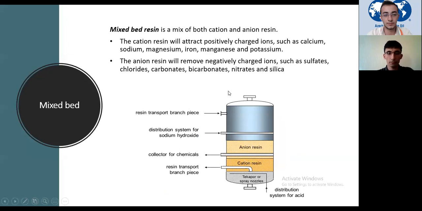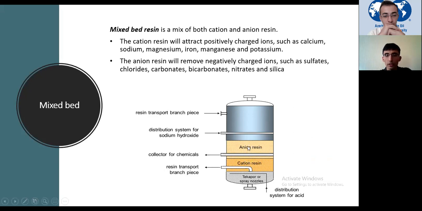Mixed bed. Yeah, this is called mixed bed. It's a mix of cation and anion resins. You can see the layers of anion resin and cation resin. They're both together in one column. The cation resin, of course, will try to attract the positively charged ions like calcium or potassium, and the anion resin will try to attract the negatively charged ions like sulfates, chlorides, or nitrates.